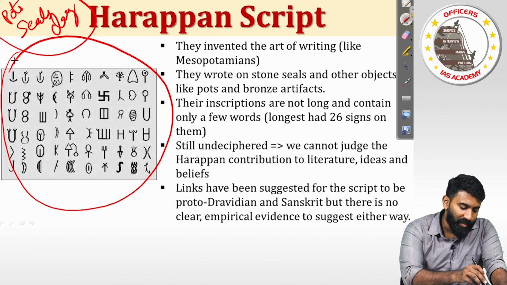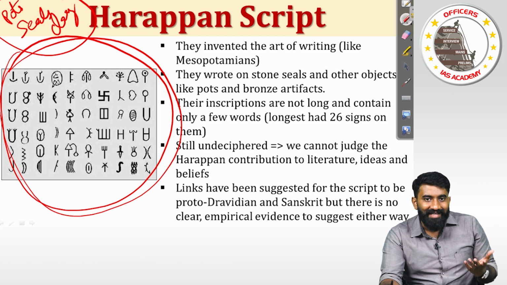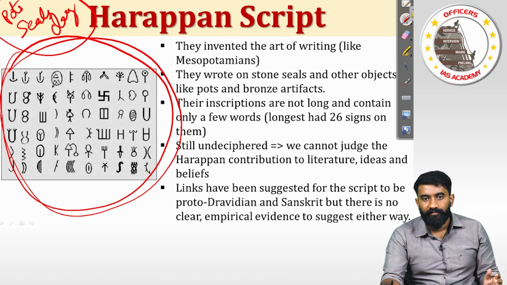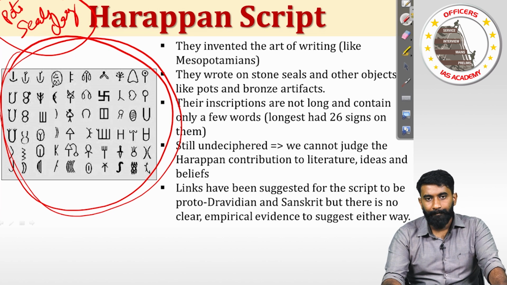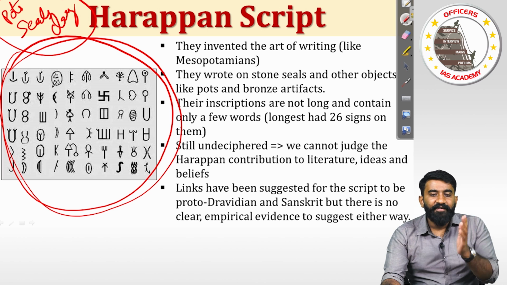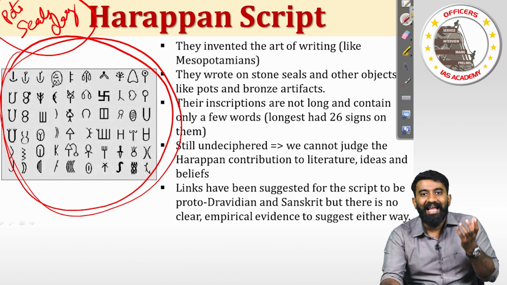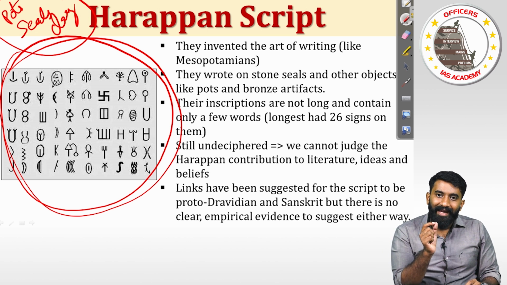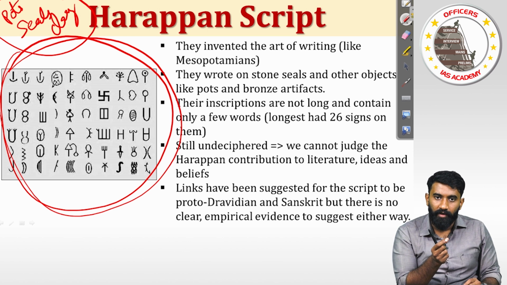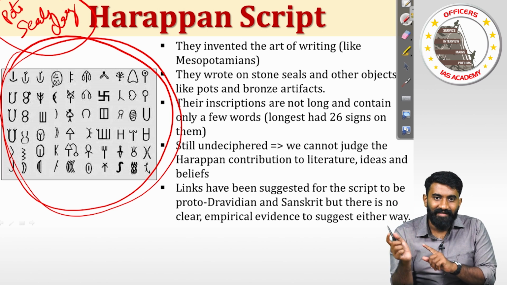Now if you look at the script by itself, we call this script a pictographic script. So what is a pictographic script? We will try to understand. See, there are different types of scripts. We call certain scripts alphabetical scripts. For example, English has an alphabetical script, where you have alphabets. Each alphabet simply makes one small sound, and when you put all those sounds together, it makes a word.